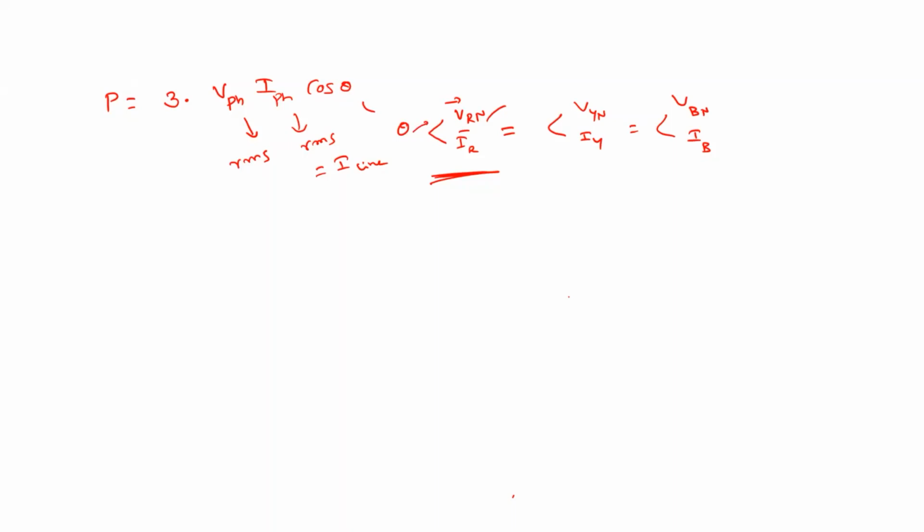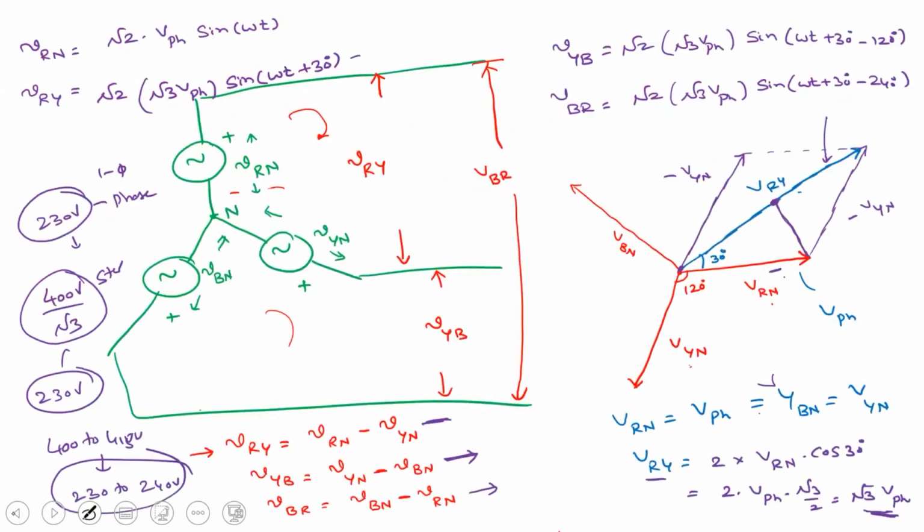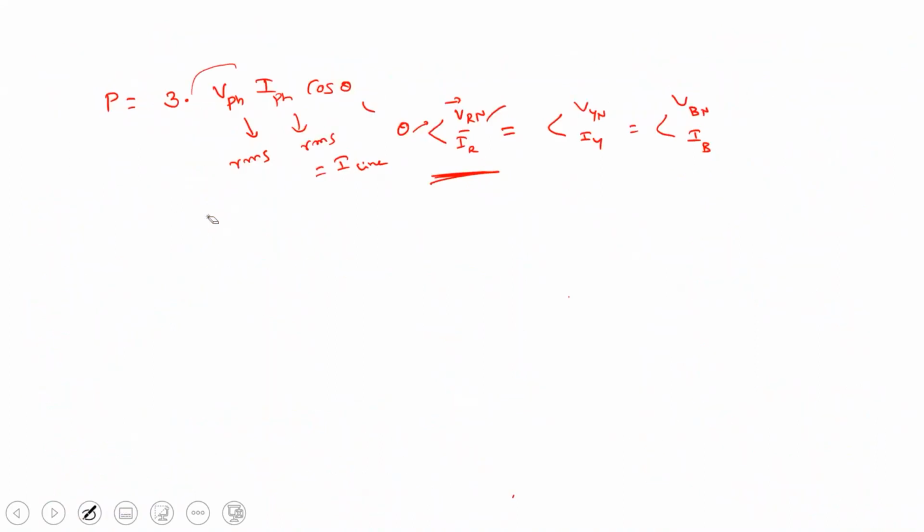The power is V line into I line into cos phi, right? No, we have three phases, so you have one phase, second phase, and third phase. This is the three-phase power. How exactly do we represent it in line terms?